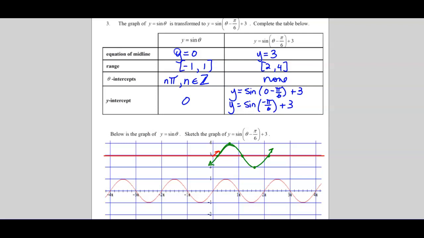That's in the 4th quadrant with a reference angle of pi over 6. Sine is negative there. That's a small angle. So that's negative a half. So this is going to be 5 over 2. You take a look at it, that's 2.5. Kind of looks pretty close to that, right? So I know that they haven't messed up too much in my graph.